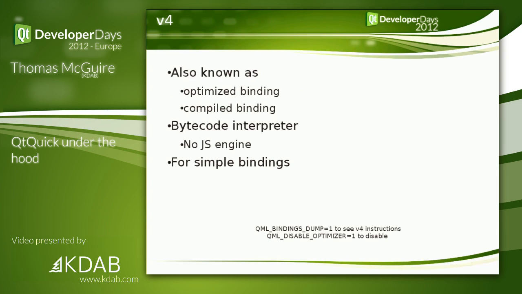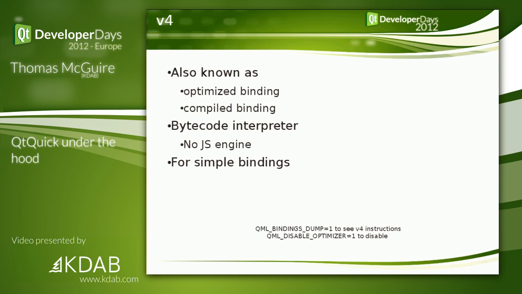So when I told you about JavaScript bindings, which are evaluated by V8, the JavaScript engine, that was a lie. It doesn't always do that. For optimization reasons it has a thing called V4, that's a pun on the name, which compiles the binding into bytecode and then interprets that bytecode.